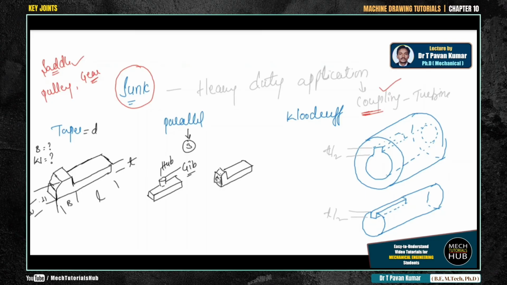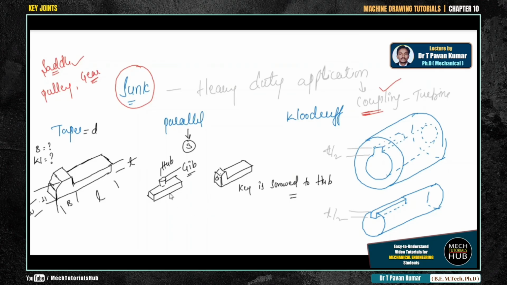And through this particular circular hole, we can screw the key to the hub. Okay, this key is screwed to the hub. That is the main advantage. So there won't be any scope of it releasing when it is going to take heavy loads.